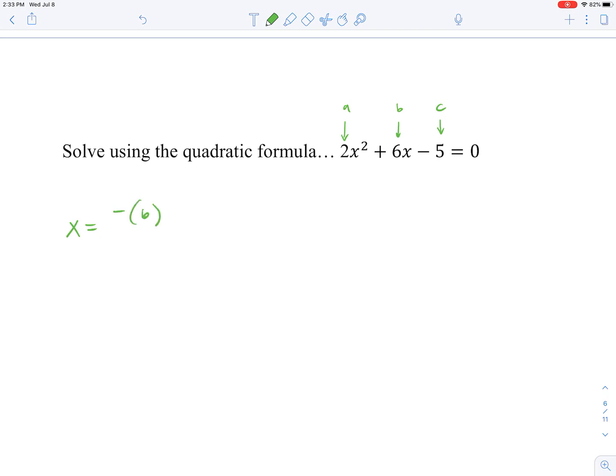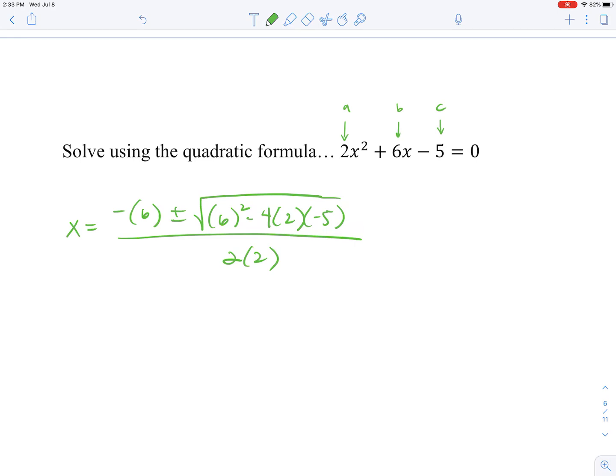Now, when I substitute these values into the quadratic formula, I'm going to use parentheses. This is so I don't have any sign errors. Okay, so x equals negative b plus or minus the square root of b squared minus 4ac all over 2a.